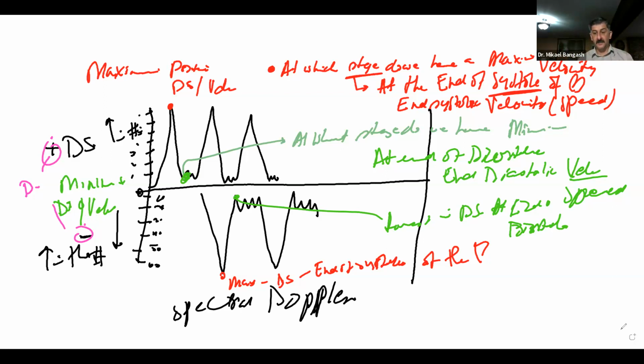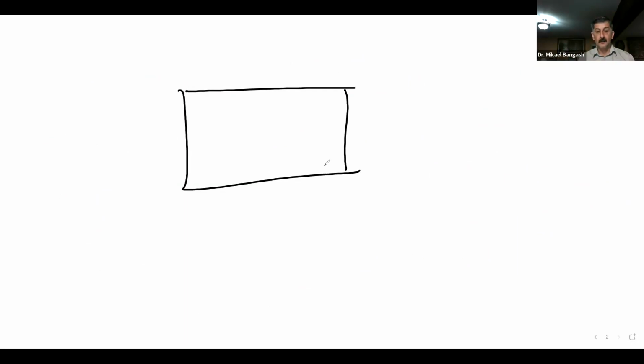And it's very easy. For instance, say we have a blood vessel.